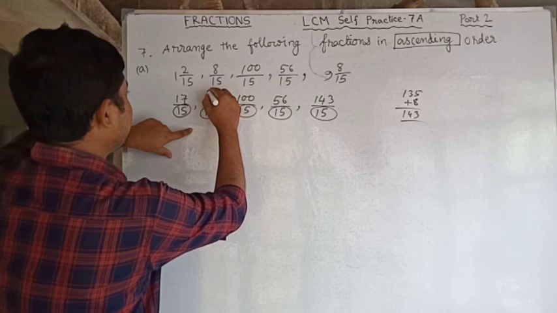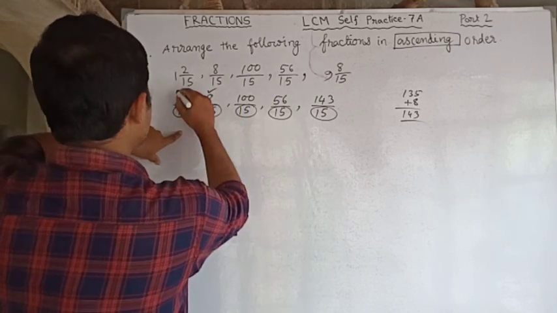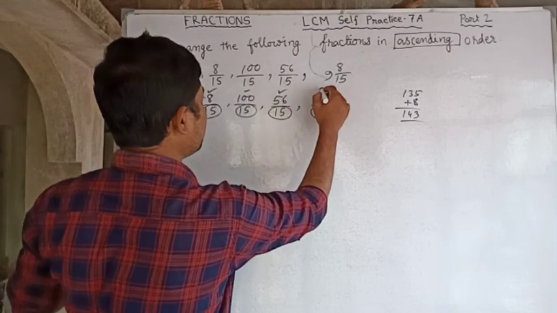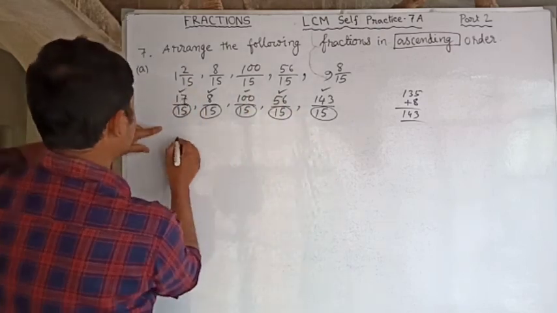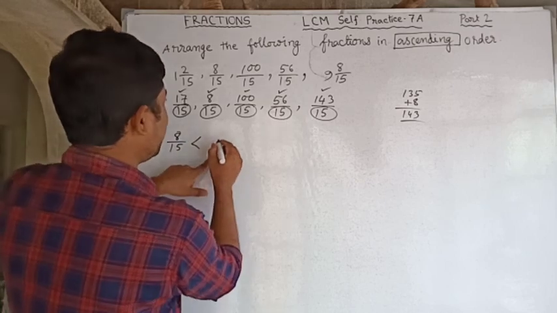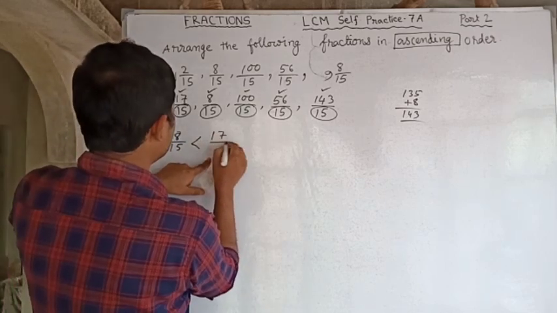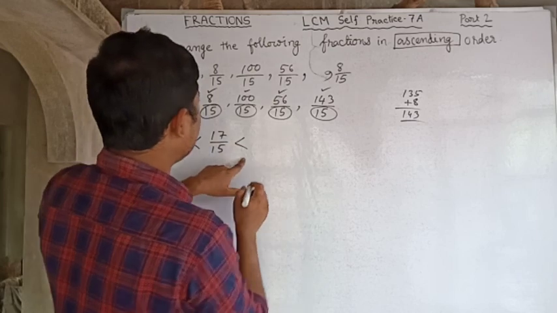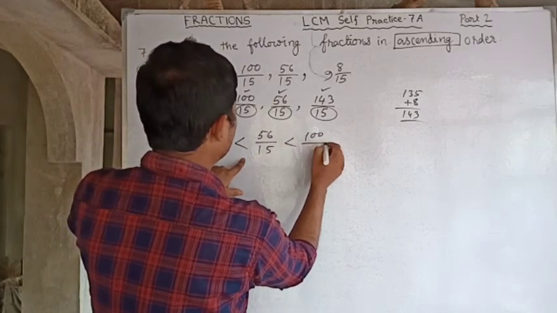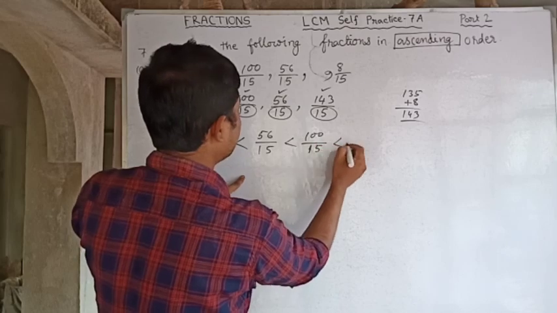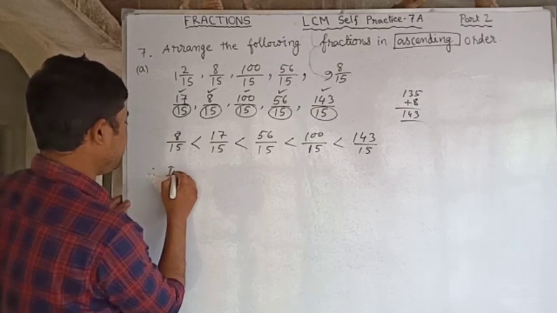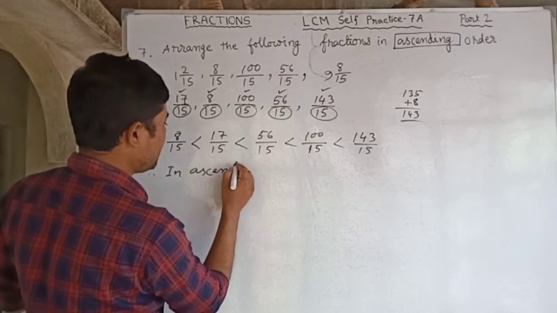First 8, then 17, then 56, then 100, then 143. So 8 by 15, then 17 by 15, then 56 by 15, then 100 by 15, and then 143 by 15.